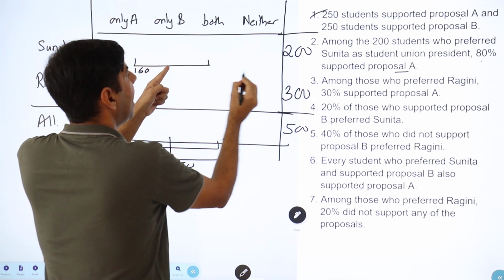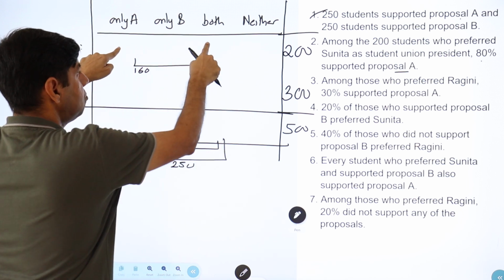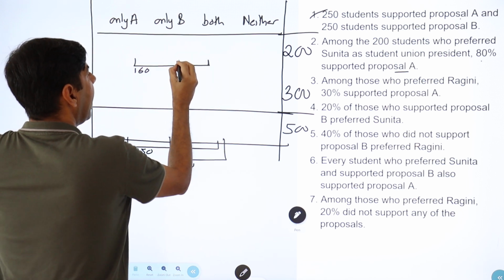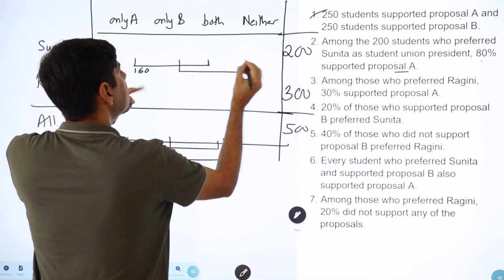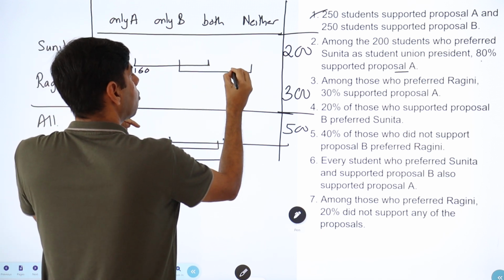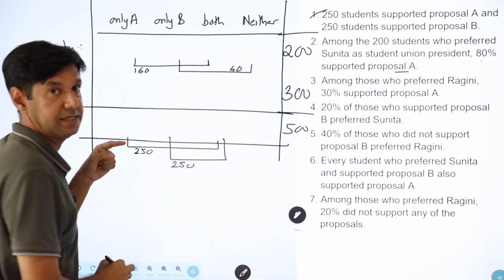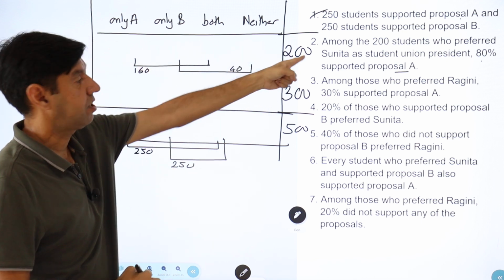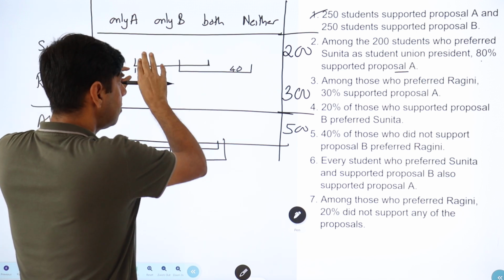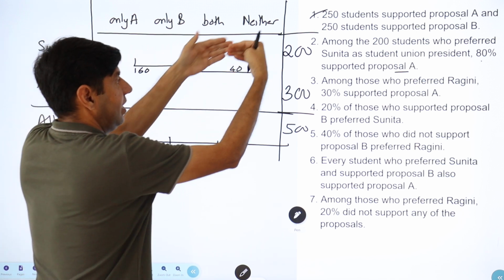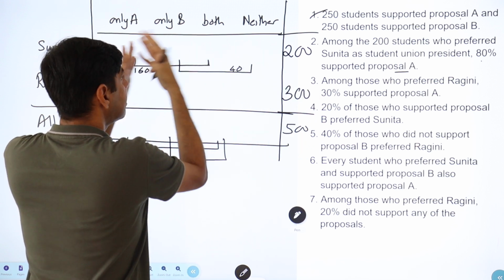Hence the other two cells together is going to be the balance 40, because the row has to add up to 200. 160 plus 40 is 200, right? So there's a lot of counterpart data out over here, like 200 there, 300 here, 160 here, 40 over here.